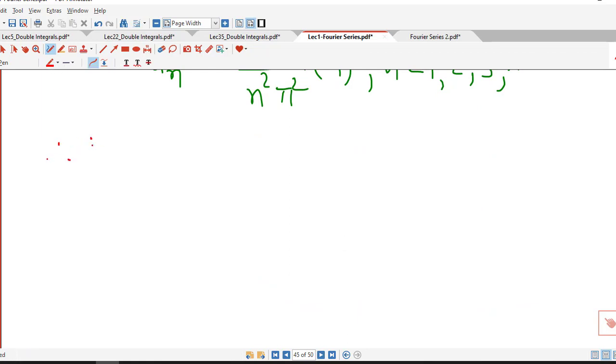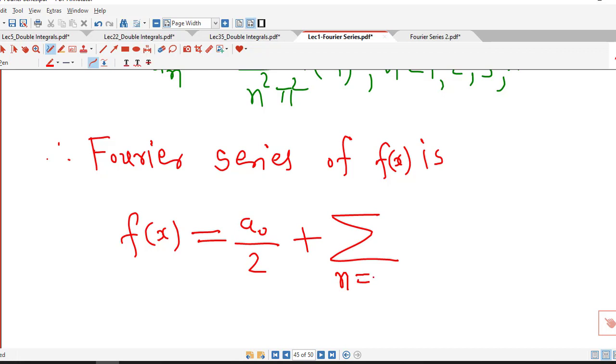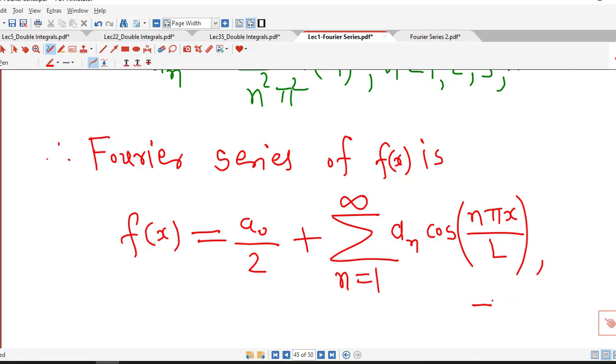Therefore, the Fourier series of f(x): bn are 0, so we will write only the cosine part, sigma n equal to 1 to infinity an cos n pi x divided by L, and x is from minus 1 to 1.